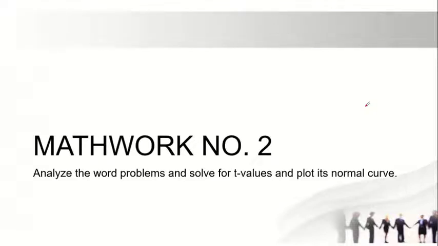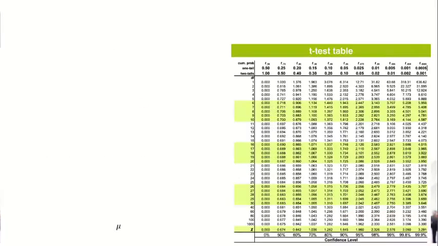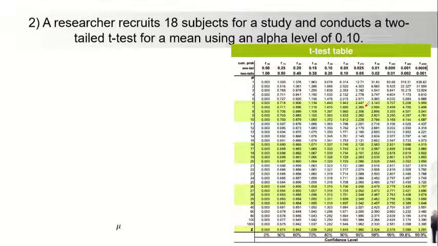So, gamit tayo ng word problem. A researcher recruits 18 subjects for a study and conducts a two-tailed test for a mean using an alpha level of 0.10. Ilang tails? Two-tailed. Malalaman natin. So, first, let us give the given.